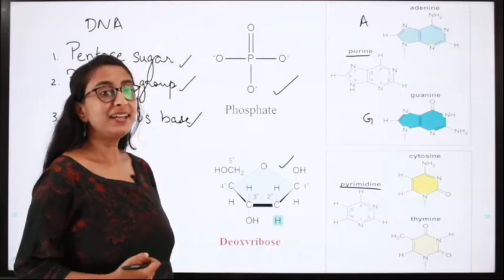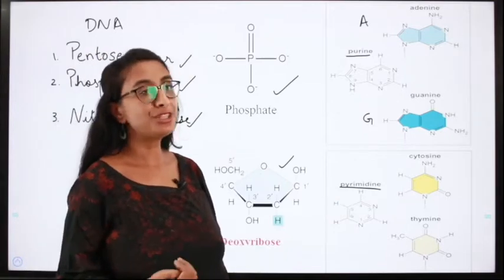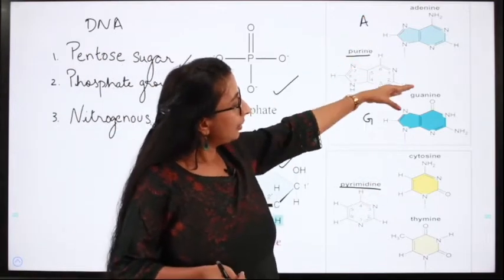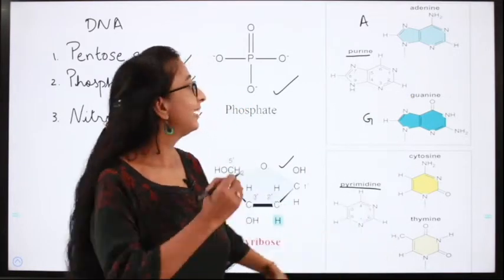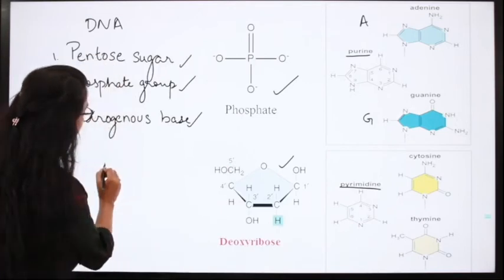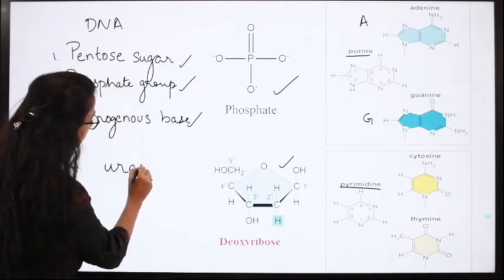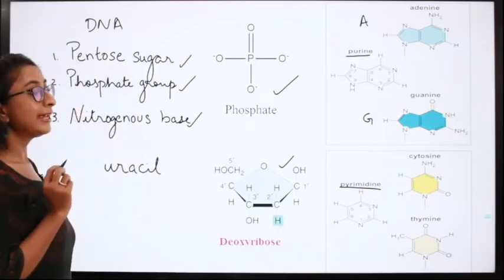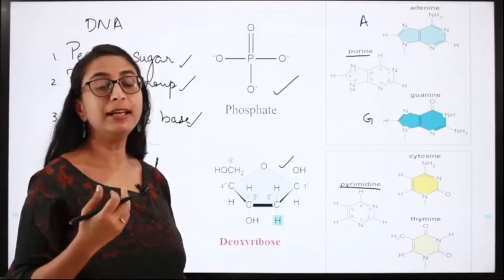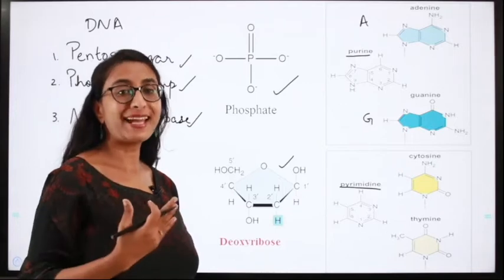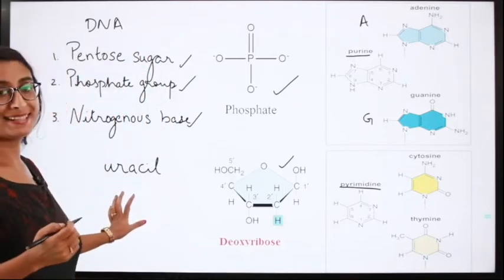In RNA, we have four nitrogenous bases: adenine, guanine, cytosine and uracil. Instead of thymine, so in DNA we have thymine, in RNA in place of thymine we have uracil. Okay.